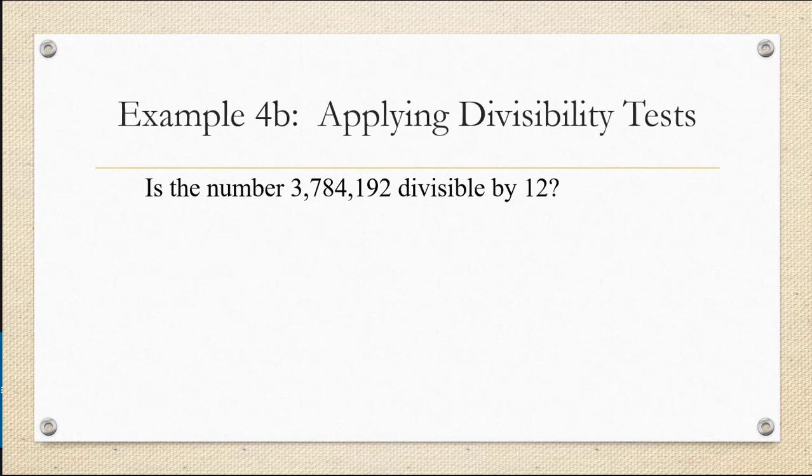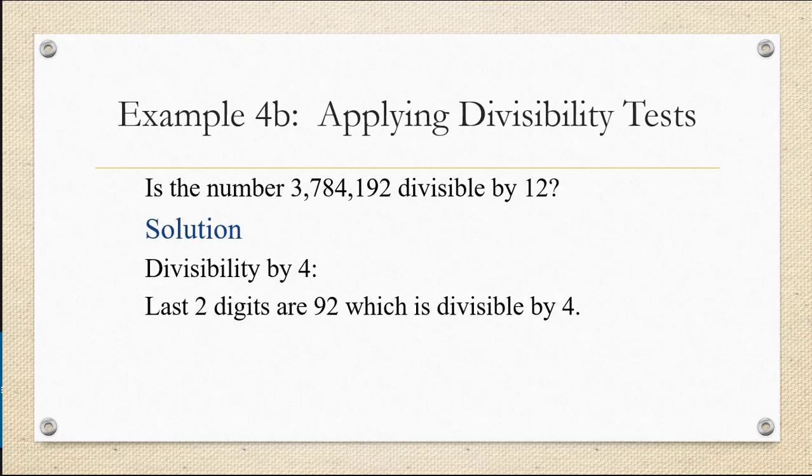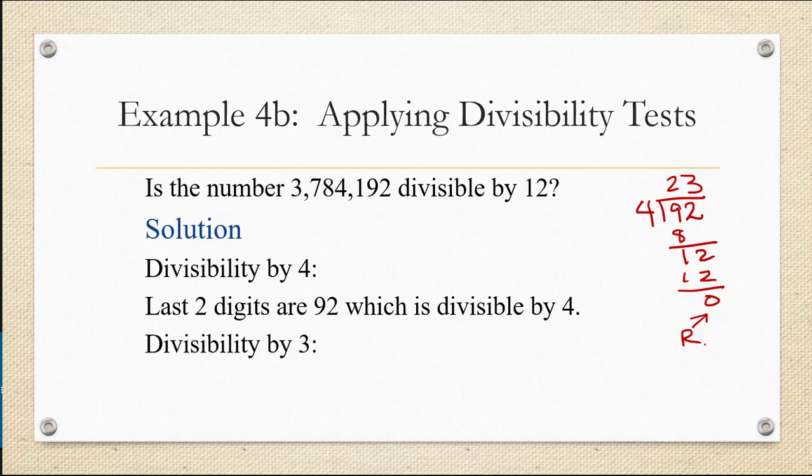Let's check if this same number is divisible by 12. To be divisible by 12, it must be divisible by both 4 and 3. Let's check divisibility by 4. For that, we analyze the last two digits, which are 92. Since 4 divides evenly into 92, the number is divisible by 4. Now let's check divisibility by 3. For this, we need to find the sum.